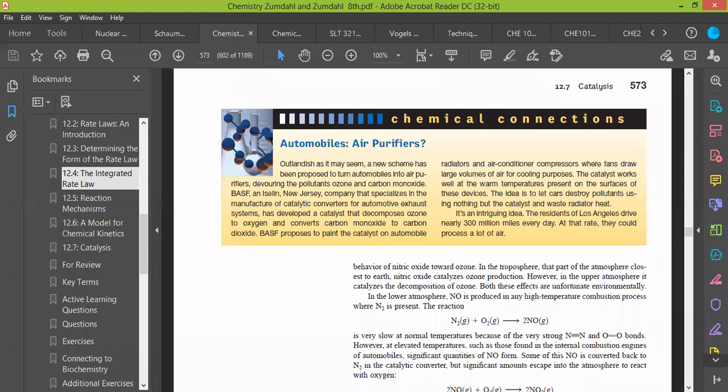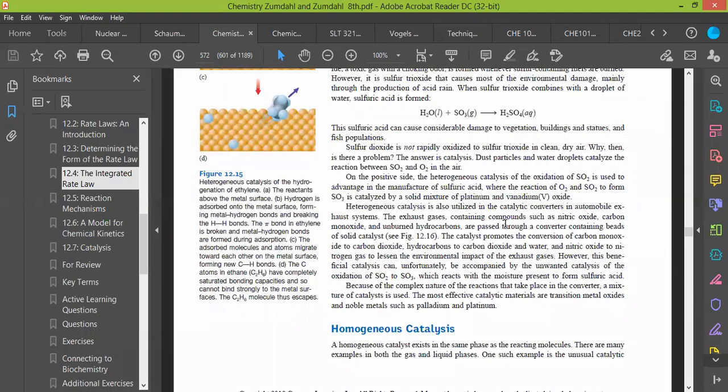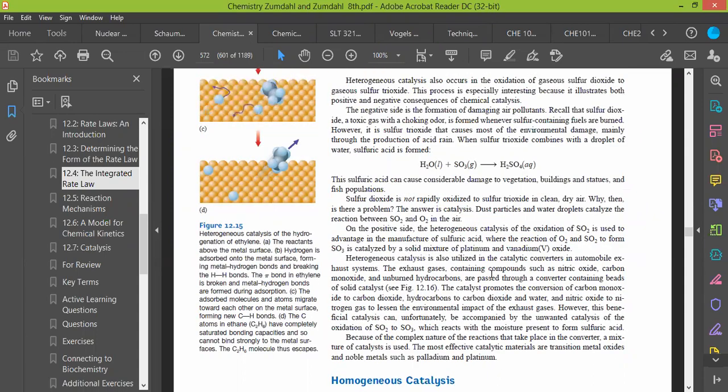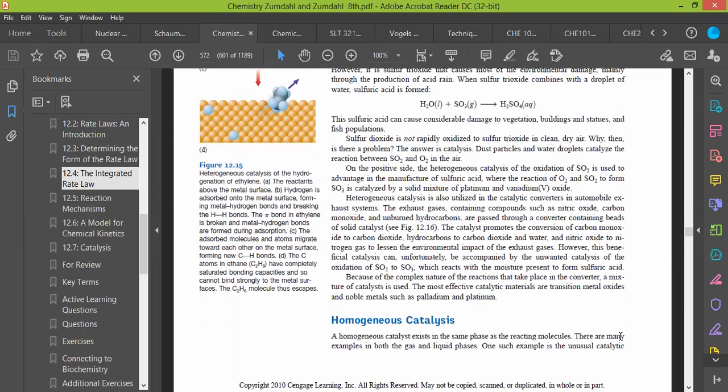Simple stuff there. So a homogeneous catalyst is a catalyst that is in the same state as your reactants, and a heterogeneous catalyst is a catalyst that is in a different state than your reactants. So I think basically that is what you just need to know about catalysts.